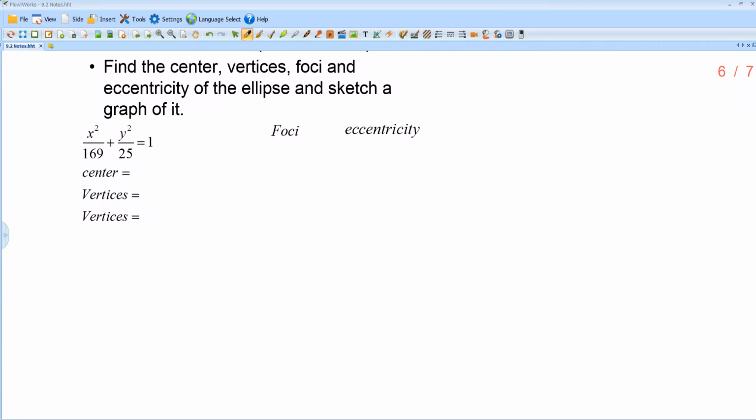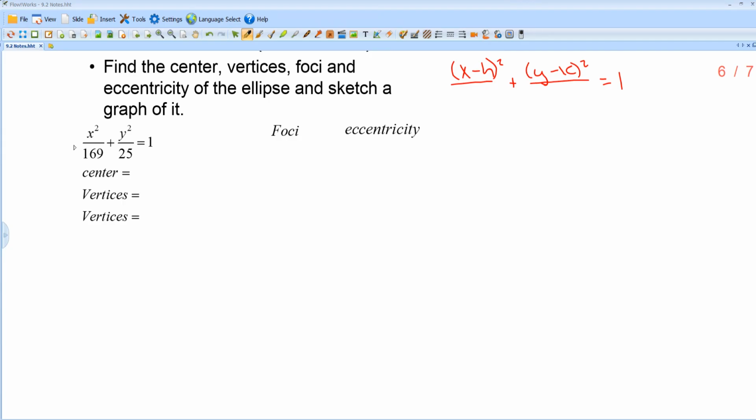Now, first thing I'm going to look for is, is this in the completed the square standard form of an ellipse? And in this case it is, because we have it in the form of x minus h squared plus y minus k squared equals 1. And then we're concerned with those things that it's over.